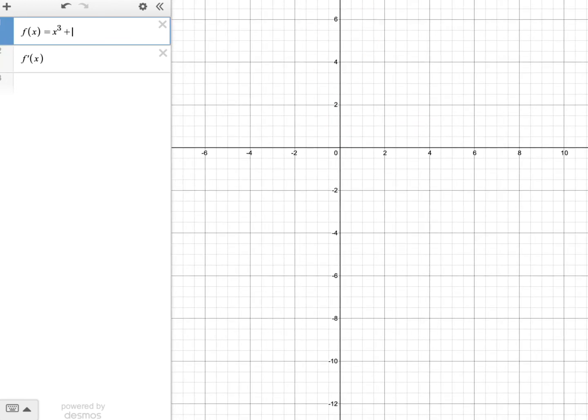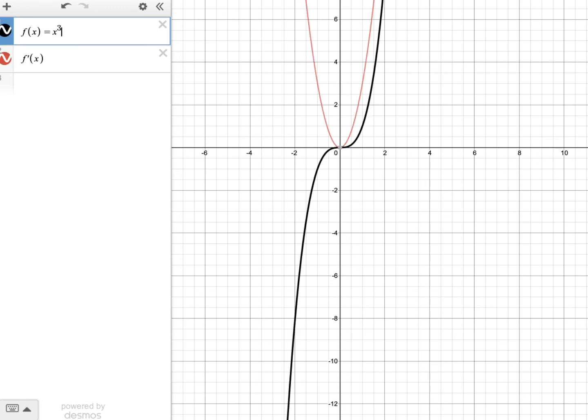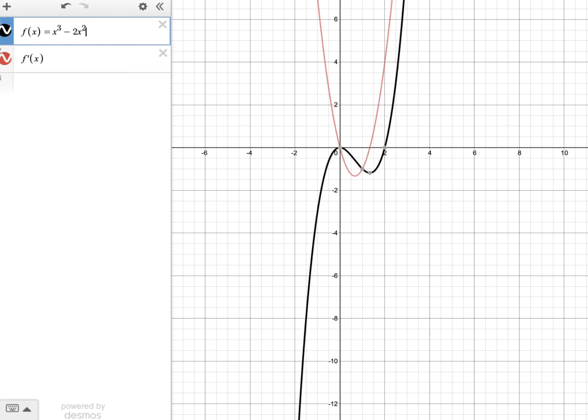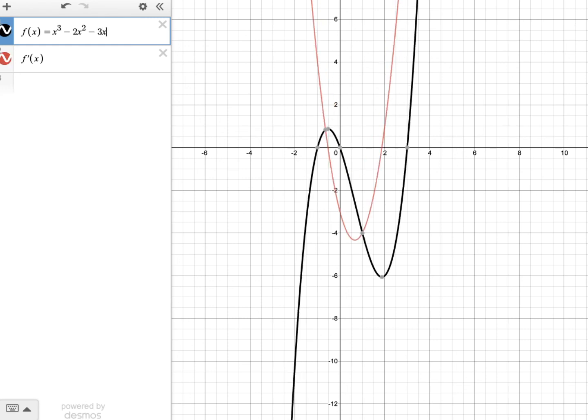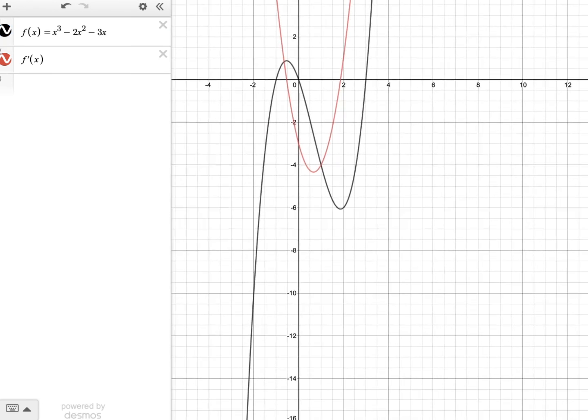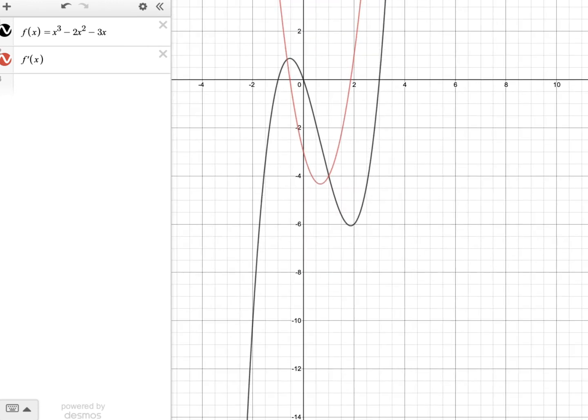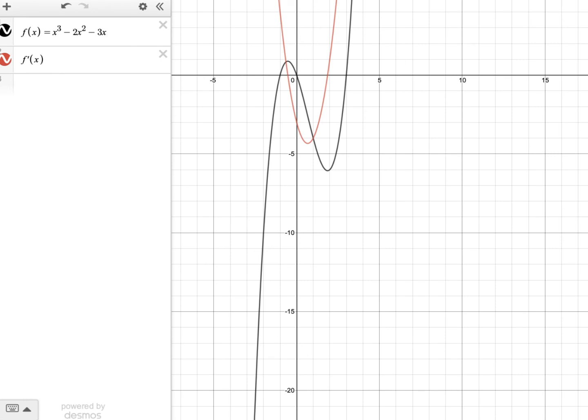If we put in some random cubic function, x cubed minus 2x squared plus x, actually let's make that minus 3x, just to get a big swoop in there. You can see on here, everywhere where the black graph is going upward, the derivative is positive. And everywhere the black graph is going down, the derivative is negative.